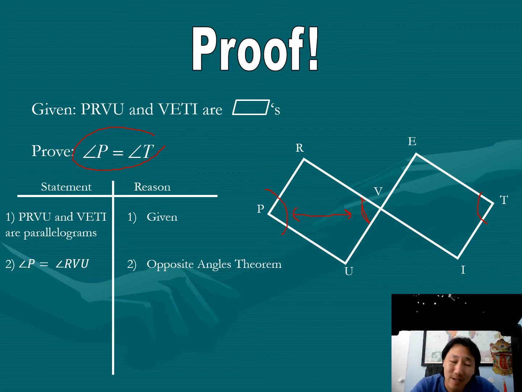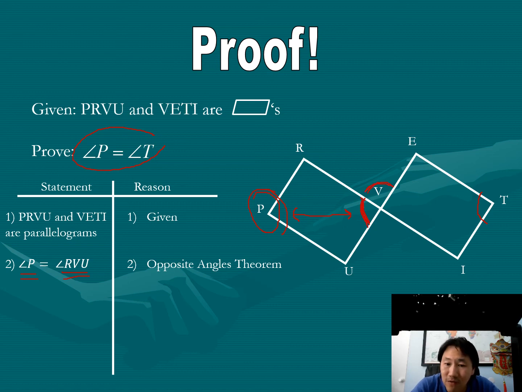Now, here's a side note. Why did I use one letter to describe angle P, but then I had to use 3 letters to describe angle RVU? The reason is, and I've said this before, that there's only one P angle. But I can't say angle V here because, I don't know, is this angle V?